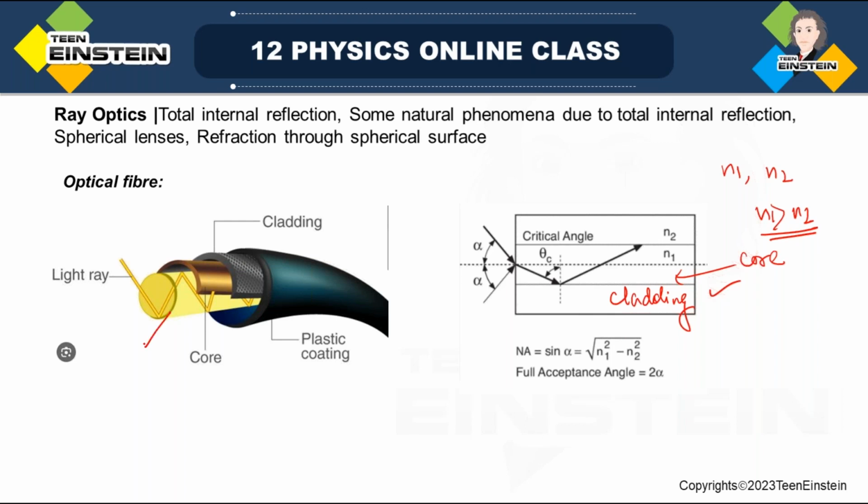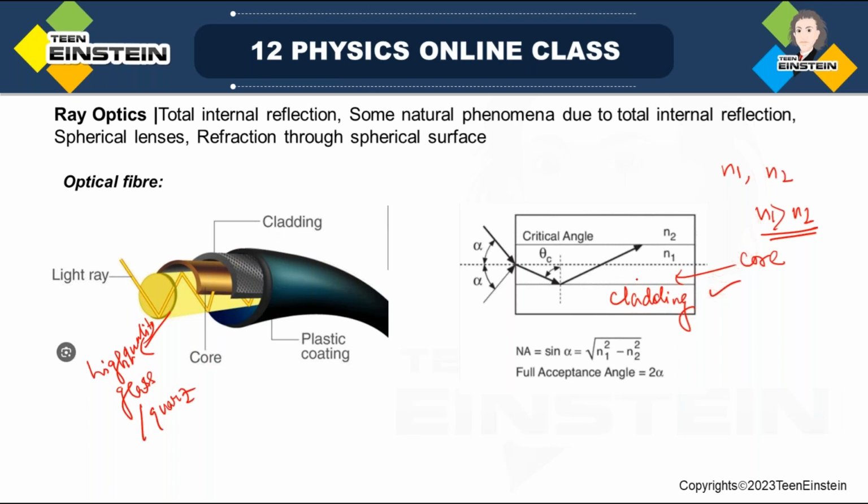That means the inner part, the core, has to be high quality glass or quartz, and just on top of that there will be a covering of glass.